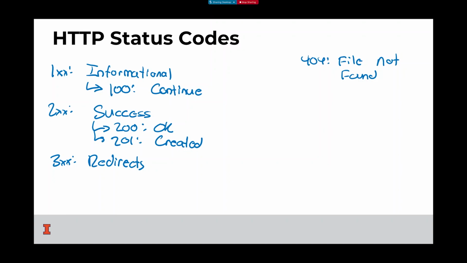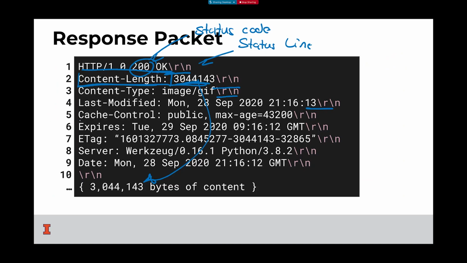The 300 code that's actually seen the most is 304, which is not modified. One thing you're going to see in the headers that you started to work on is all these cache control things, so cache control and e-tags.